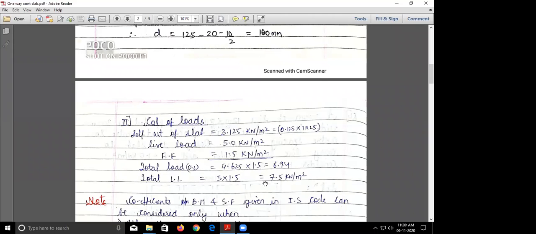As far as your continuous slab design is concerned, we will use the IS code approach. The IS code has given a simplified approach to design continuous one way slabs. It has given us the coefficients to find out the bending moments at different points. So let us see when this is applicable.